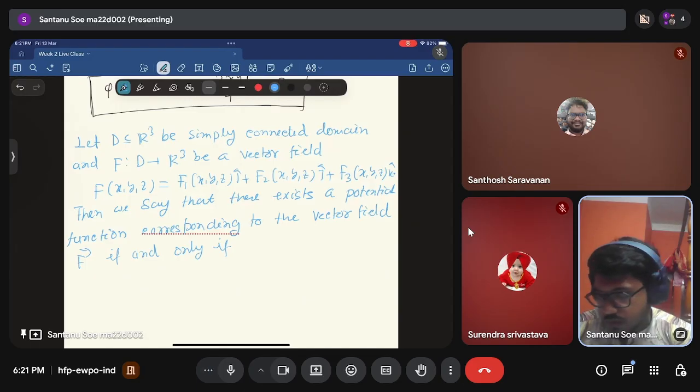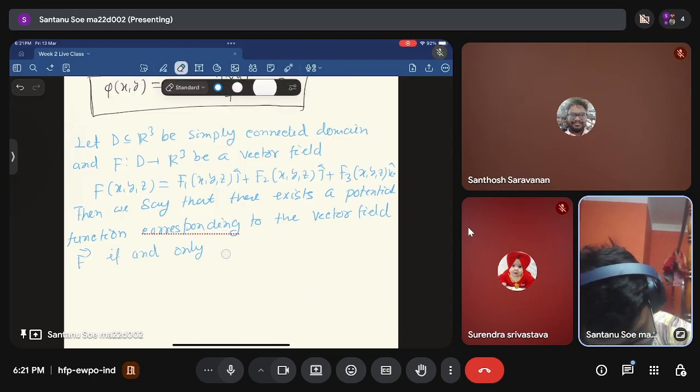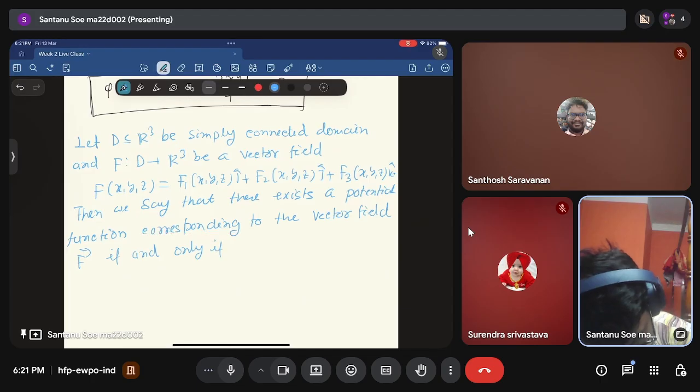Anyone? So the condition is that given a vector field f, its potential function exists if curl of f is 0.